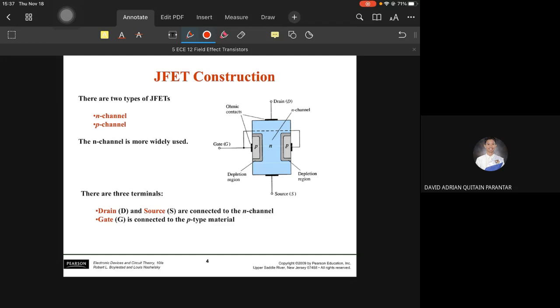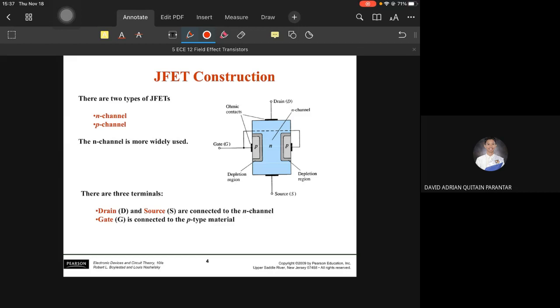So we will start probably next meeting or even later, I will introduce the DC analysis of the JFET, deriving the currents. And then, again, all the circuits, fixed bias, voltage divider, and the formulas will again be summarized in a table.